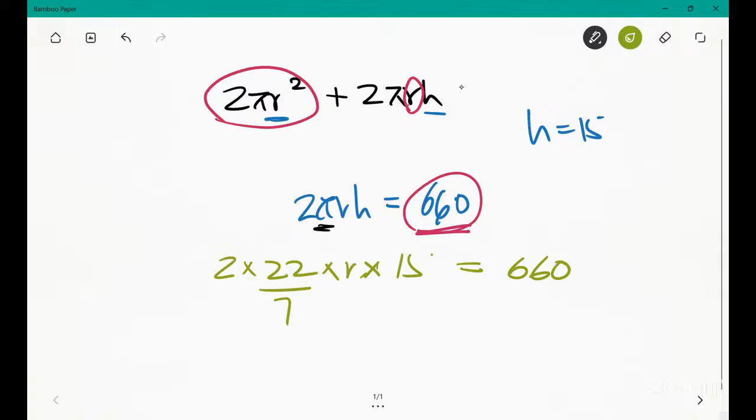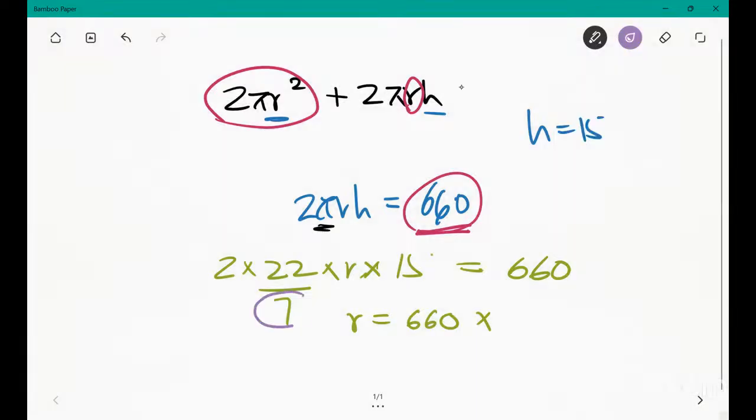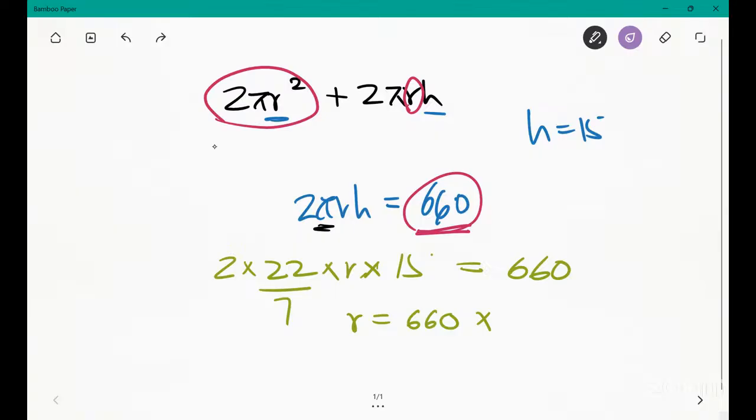Now I'm going to make R the subject, and bring all of these other numbers to the other side. So R is equal to 660 into 7 over 2 into 22 into 15. Remember, the ones at the bottom as the denominator, when you take them to the other side, become multiplication. The ones on the top, when you take them to the other side, become division.